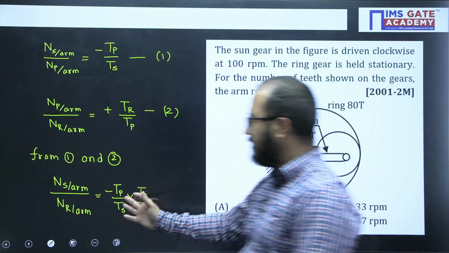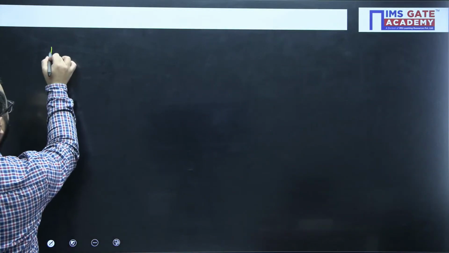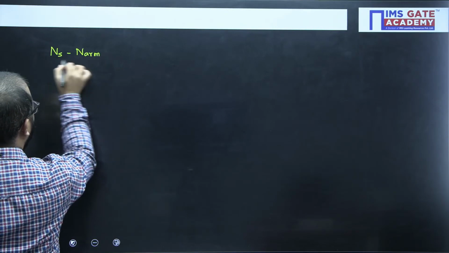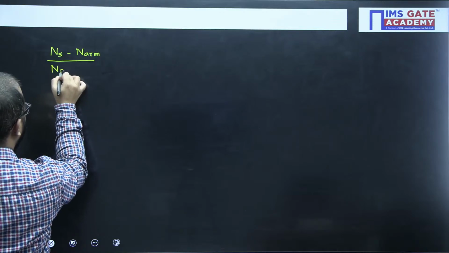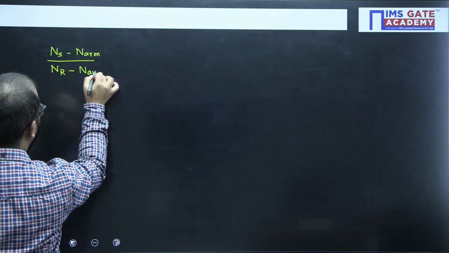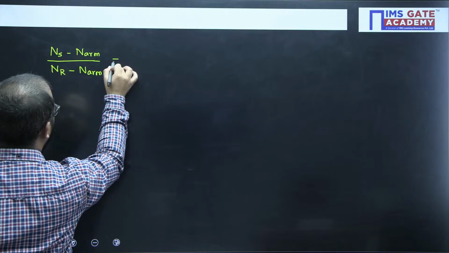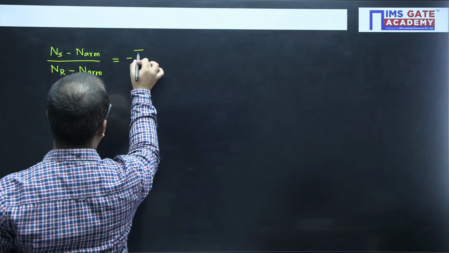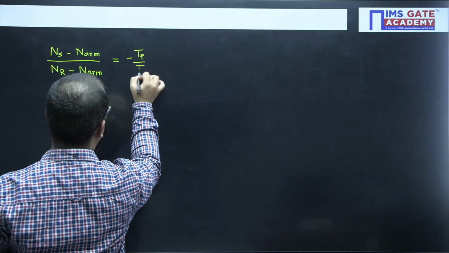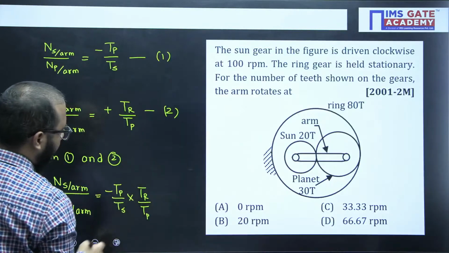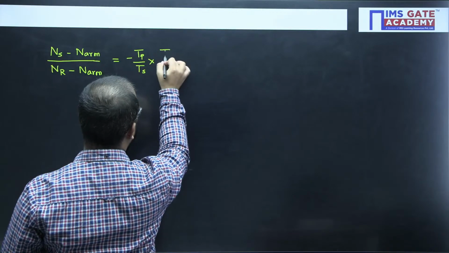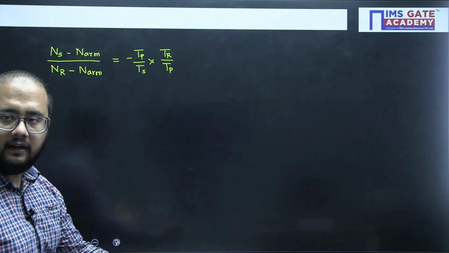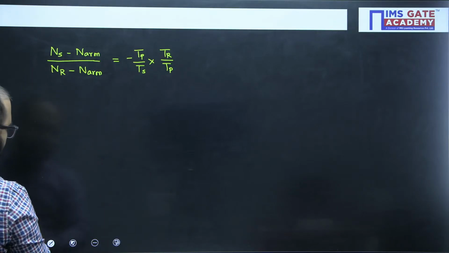Okay, we'll further expand this one. Speed of sun minus speed of arm, divided by speed of ring minus speed of arm, equals minus Tp by Ts multiplied by Tr by Tp. Right, so Tp will get cancelled out.